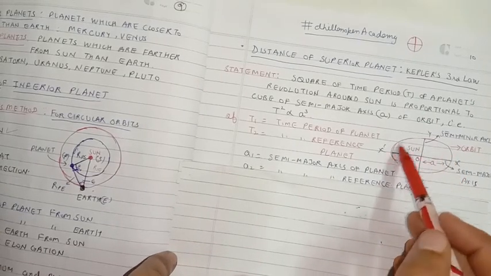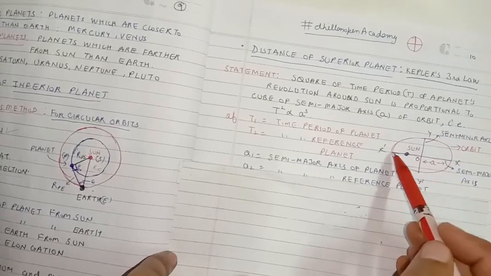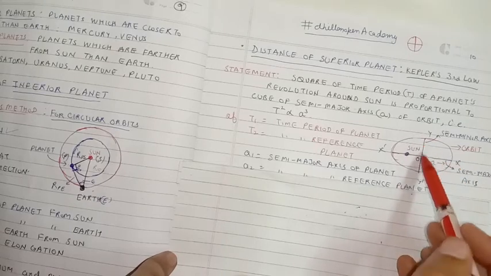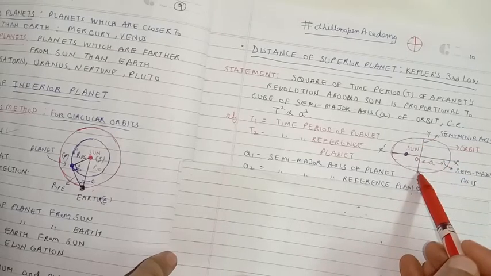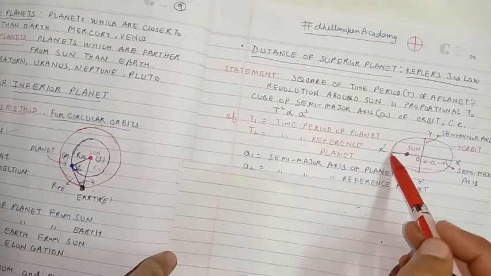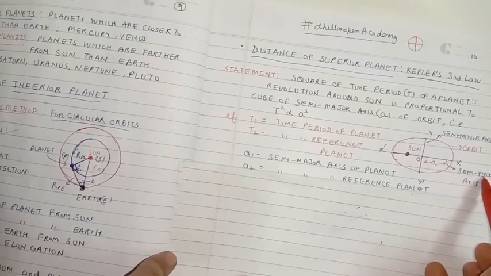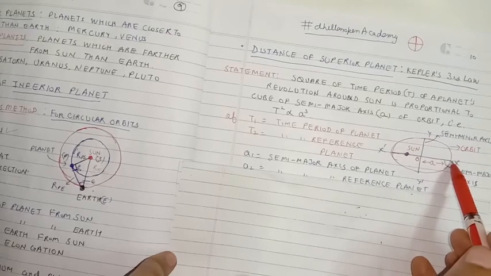When an ellipse is formed, the two perpendicular diameters XX' and YY' are not the same. One gets bigger in size, which we call the major axis, XX' is the major axis.